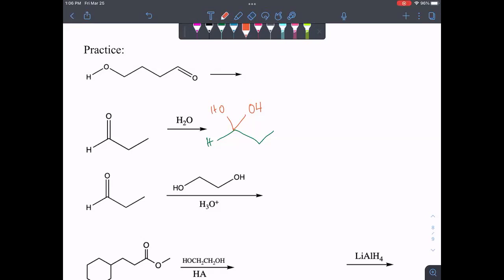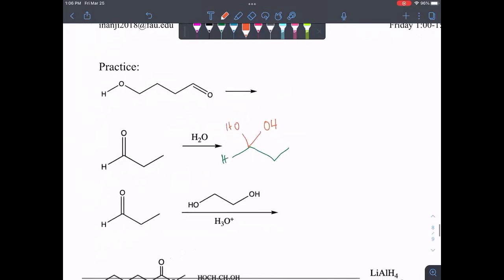So what happens in this reaction is, this is not the official mechanism, this is the shortcut, but basically this alcohol swings around and sticks itself onto this carbonyl carbon. And then you have to move one of the double bonds up. So this is a ring formation because it's intramolecular.